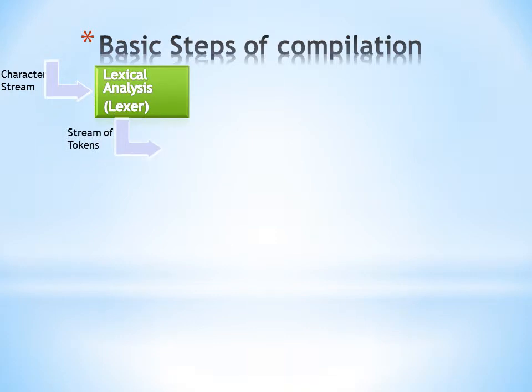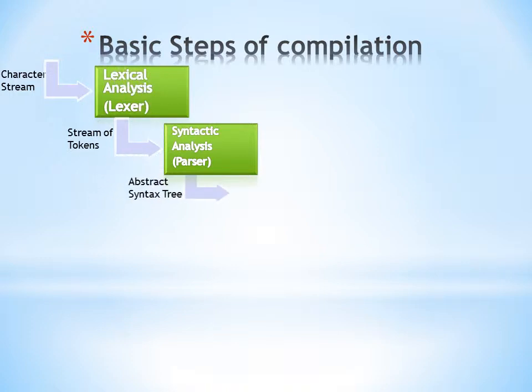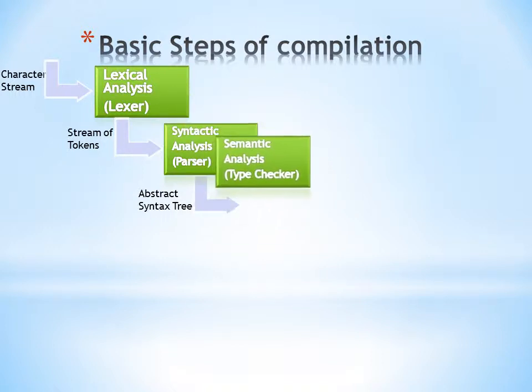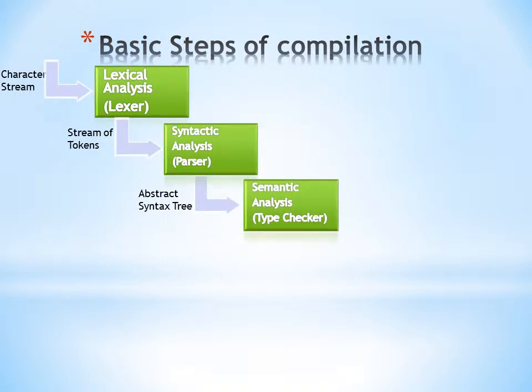Then syntactic analysis is done by using the stream of tokens. Then it's transferred as an abstract syntax tree to the type checker for the semantic analysis. The type checker generates an intermediate code.